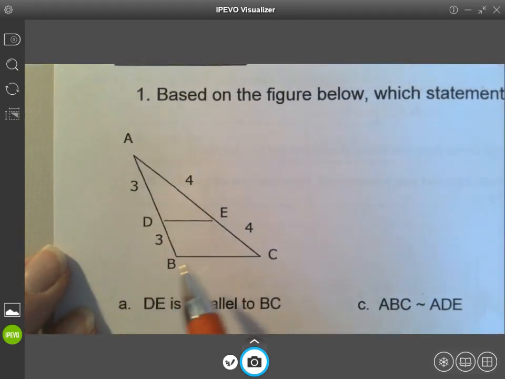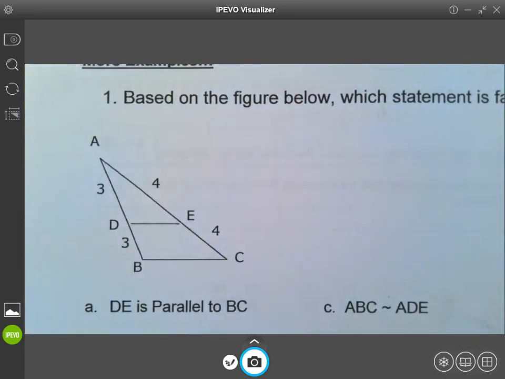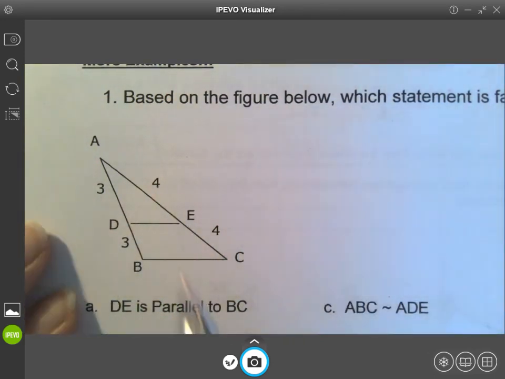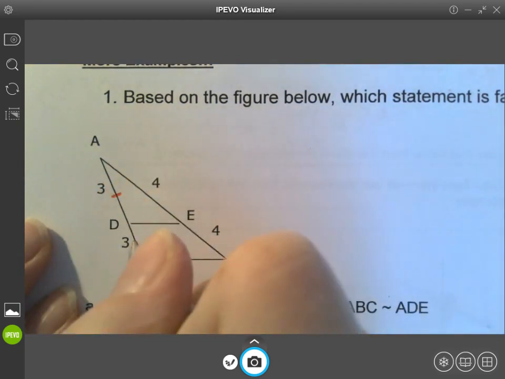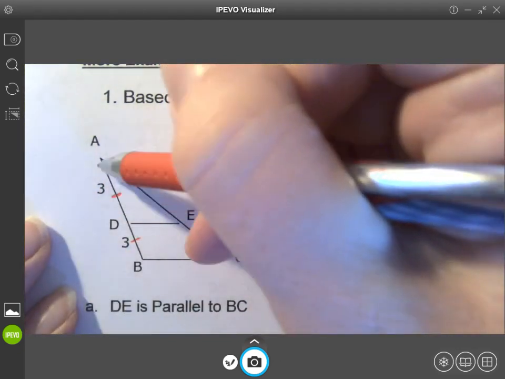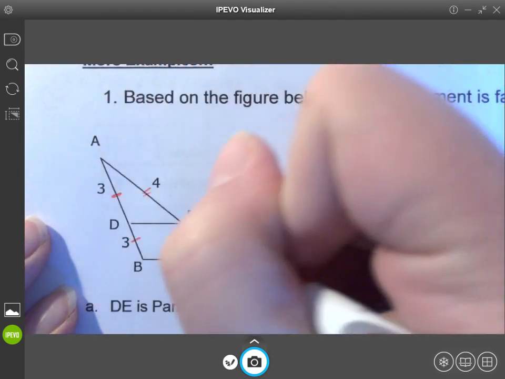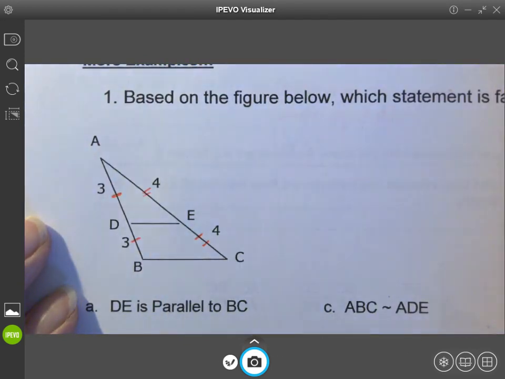So we're given this figure, okay? And we're not told anything about the figure other than the lengths of the sides. But mark this. It doesn't even matter that it doesn't look the same. They're saying that AD is the same as DB. And we can see that AE is the same as EC.